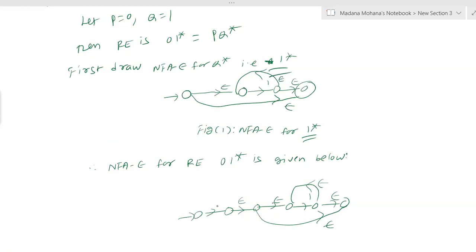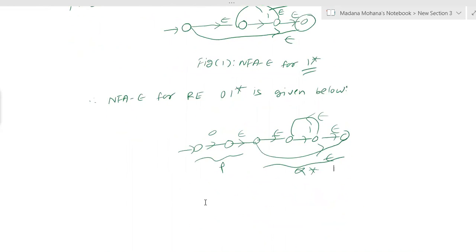Now you can start here. What is the value here? 0. Now this is what we assumed P. Now this is Q closure. P, Q closure, concatenation between P and Q. Again 1 epsilon. So now this figure is NFA with epsilon, let us say figure 2, NFA with epsilon for 0, 1 closure regular expression.